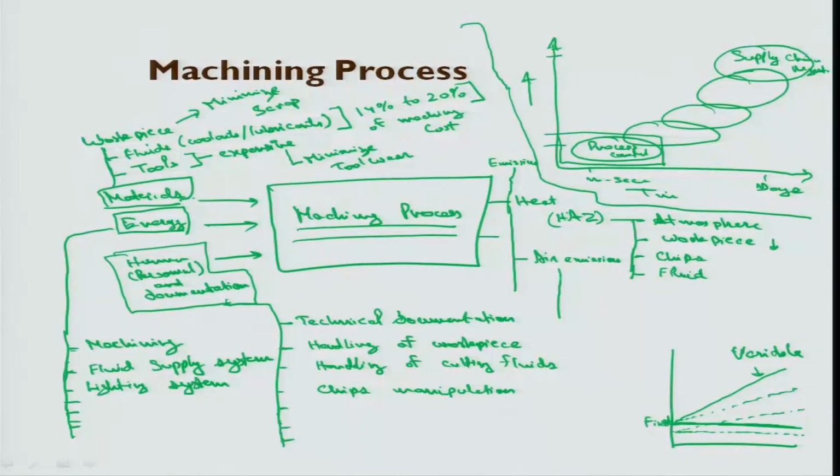Air emissions are the aerosols if produced, the chip particles that are too small that goes into air, and we have other emissions, that is water emissions.